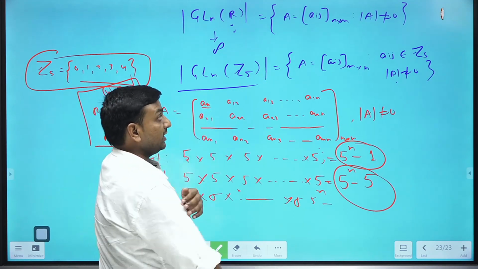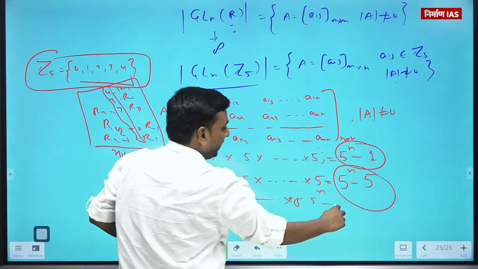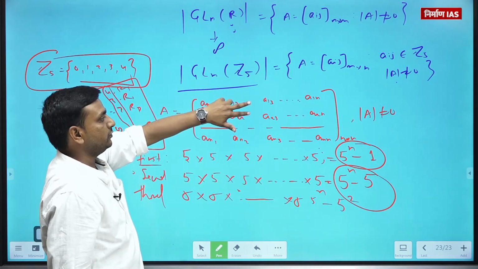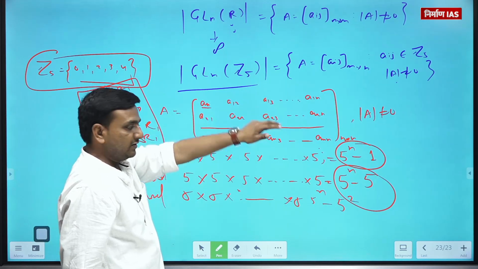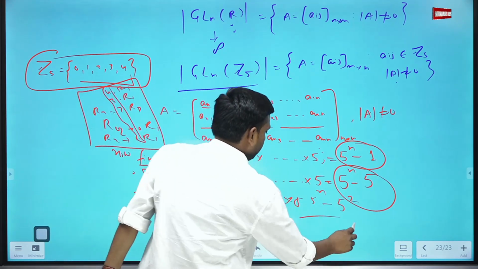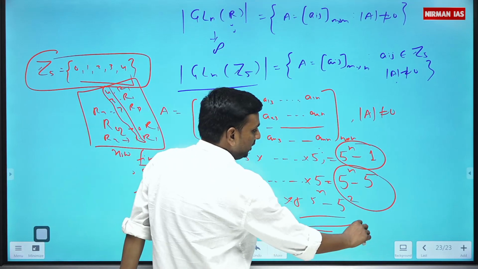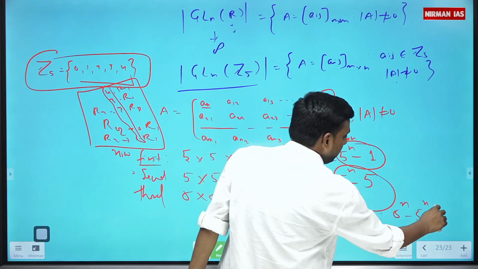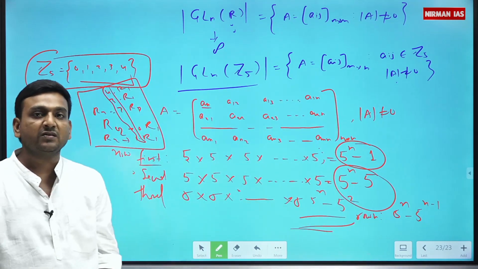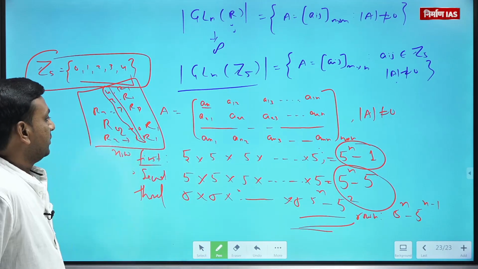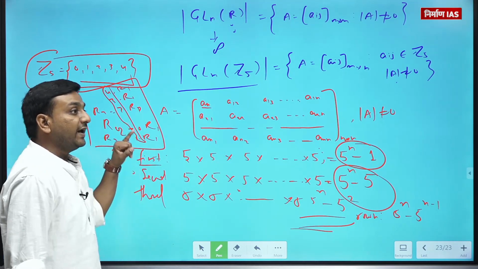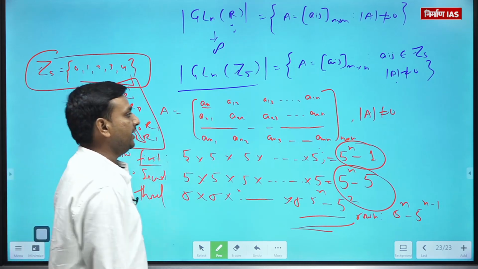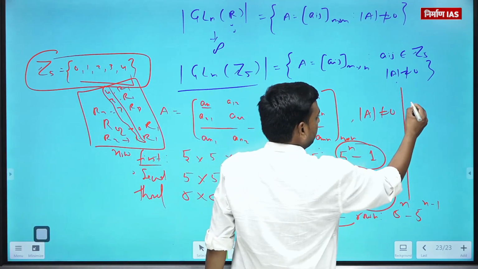It will not be in this set, but I want elements of this set, so I have to remove all those possibilities. So how many possibilities will these two rows have simultaneously? 5 into 5. In the same fashion, I can conclude row n will have the choices 5 raised to the power n minus 5 raised to the power n minus 1. So for the first row, second row, third row, up to the nth row, how many total choices will we have?